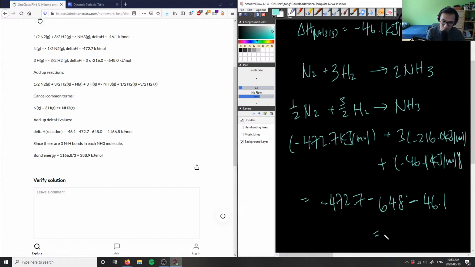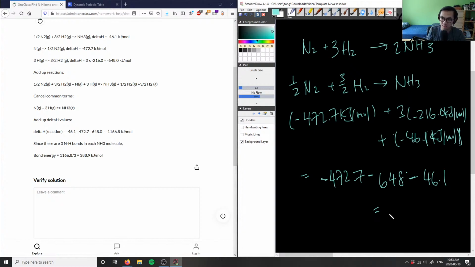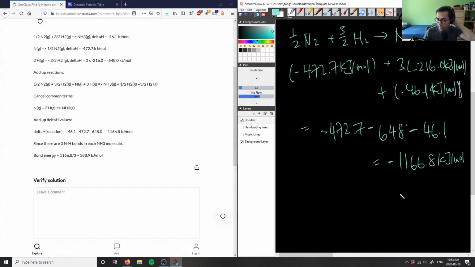So 648 minus 46.1 is giving us negative 1,166.8 kilojoules per mole. And this here is the delta H of this entire reaction, right?